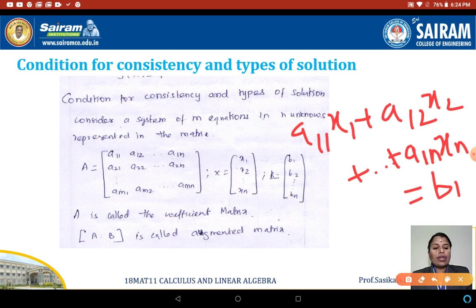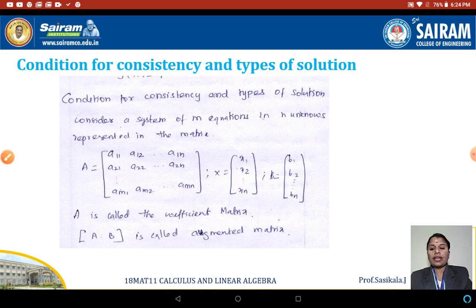This is for the first row. Similarly you can make it for all the rows and write it as AX = B. A is called the coefficient matrix. Together, A and B we call the augmented matrix.